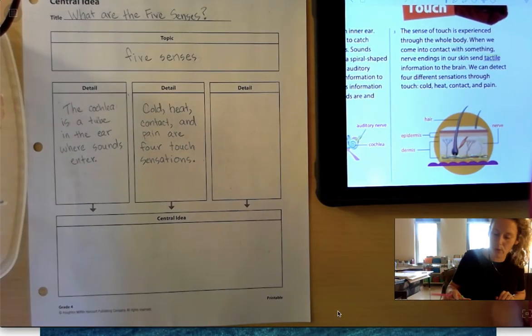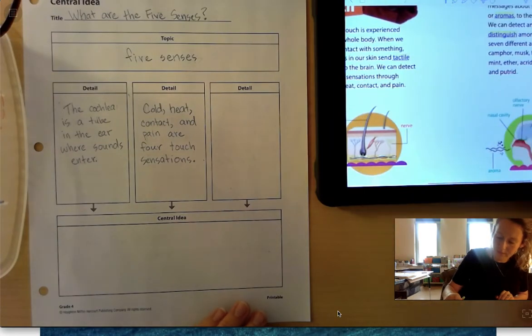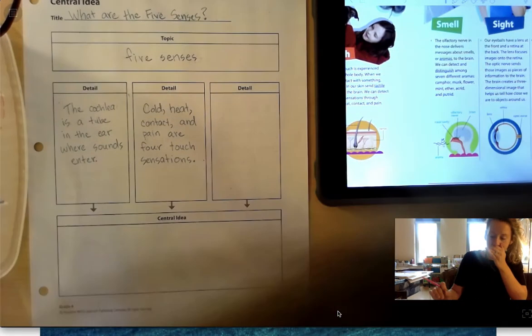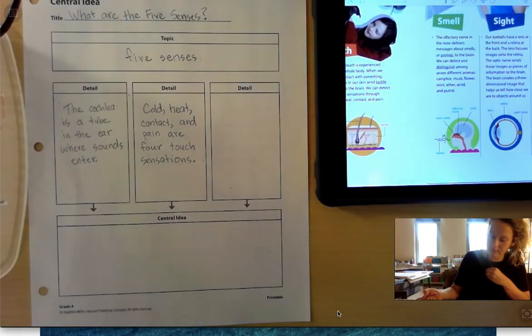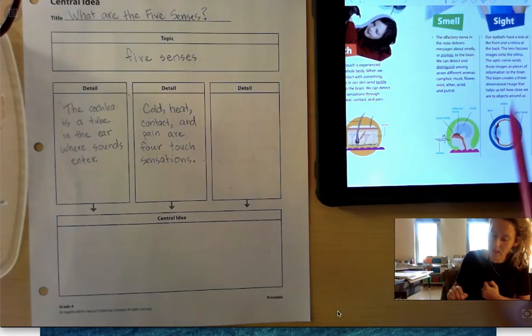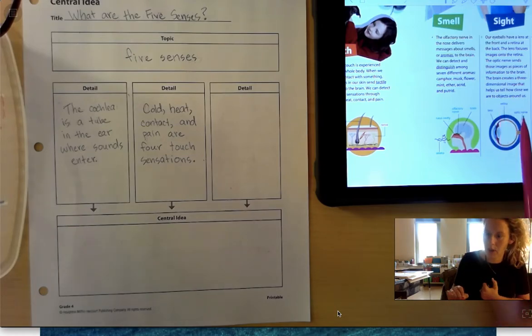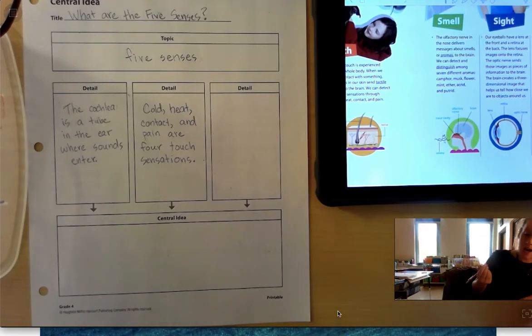Now I'm going to look for one more detail. I'll skip to, excuse me, taste. Actually, I'll do sight. So I'm going to use this diagram down here to help me with my details. So I see the lens, the retina, and the optic nerve are all parts of the eyeball.